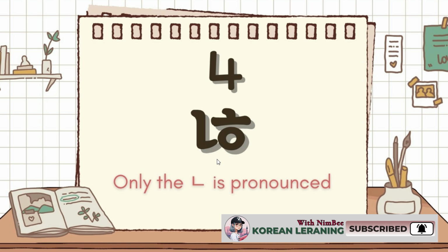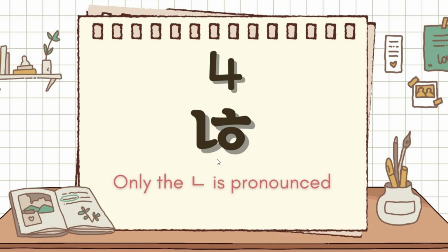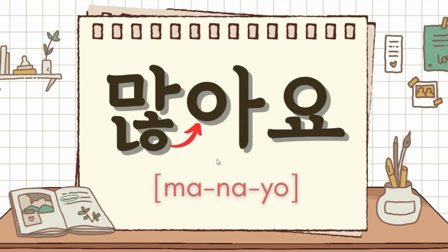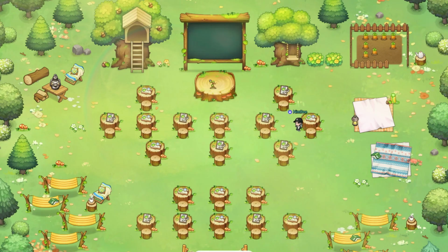The next one is 니은 plus 히읗. In this case, only the 니은 is pronounced. Let's see. 많다. But when you have a vowel, 많아요. The sound of it here disappears, okay? As I told you before, 많다 and 많아요. Next one.